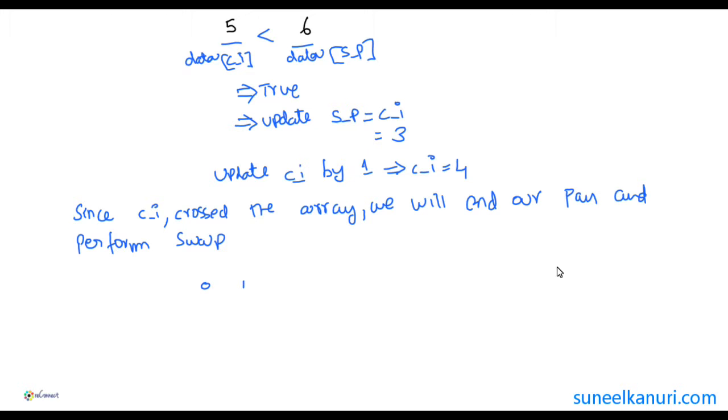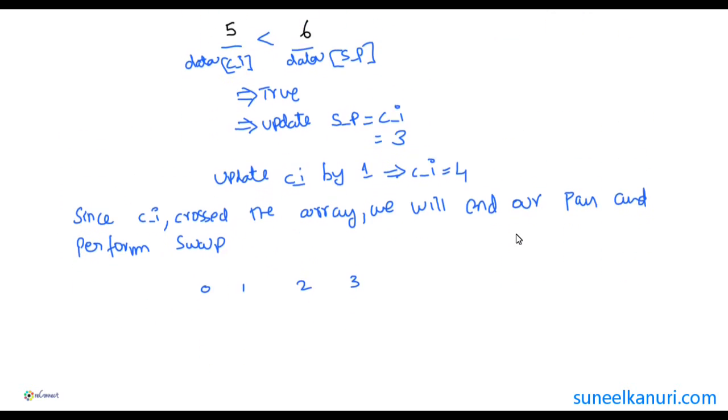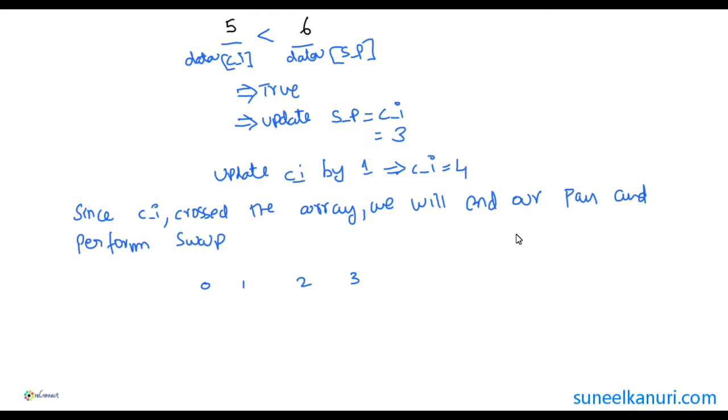Let's write down the array first. 0, 1, 2, 3, and I'm going to write down our elements initially. So it's going to be 8, 12, as we find ourselves 6, 5, and our FUI is 0, and our S_p is pointing to 3, and our C_i is pointing to 4.